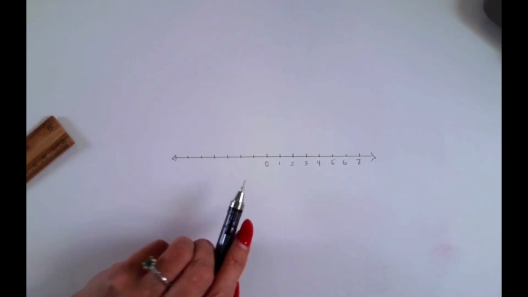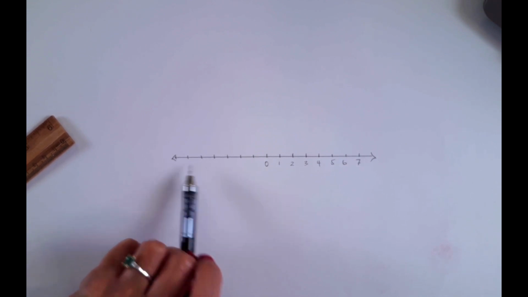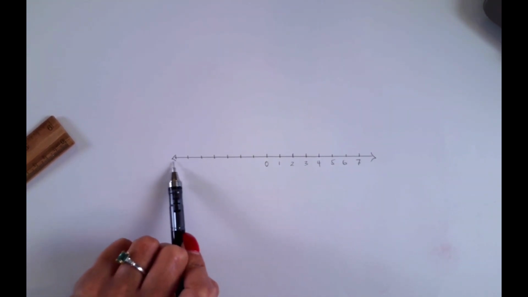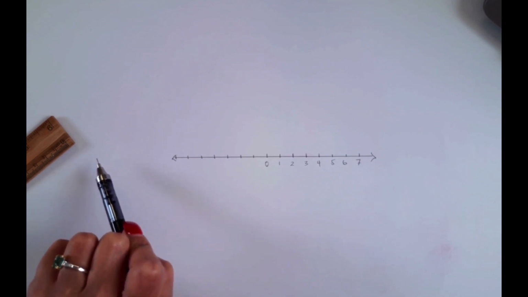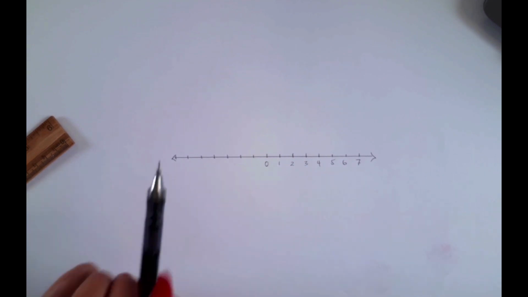Next, you want to get the students to recognize that as the numbers move further and further away from the 0 in the negative region, they actually decrease.